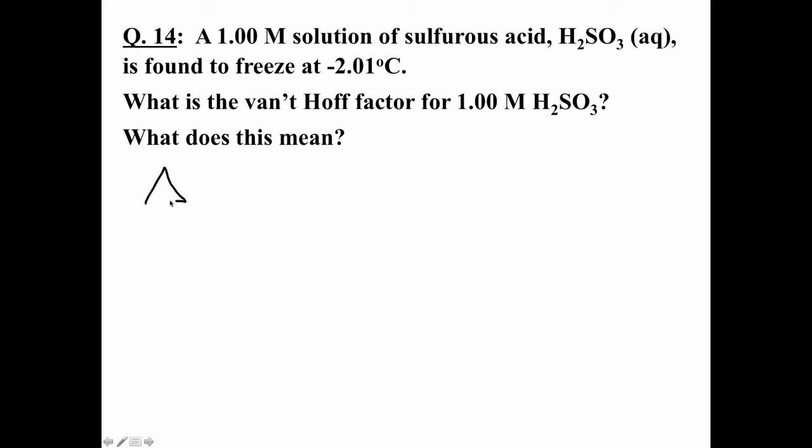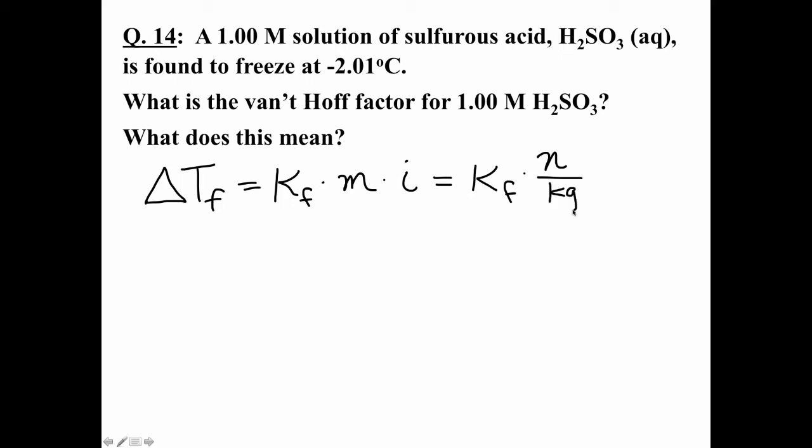So to do this, we note, of course, that we have a freezing point depression problem, and the freezing point depression is equal to the freezing constant times the molality times the Van 't Hoff factor, and the molality can also be written as moles of solute per kilogram of solvent, and we can then solve this equation for i by rearranging appropriately.